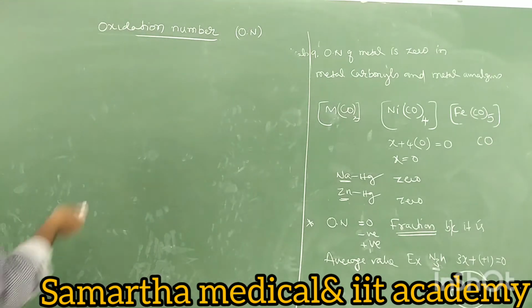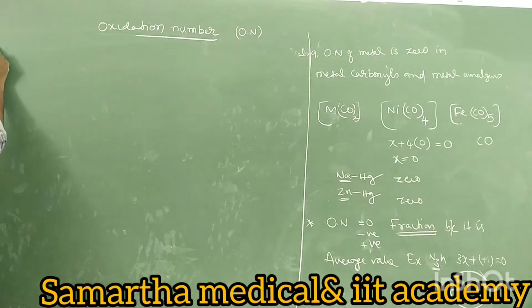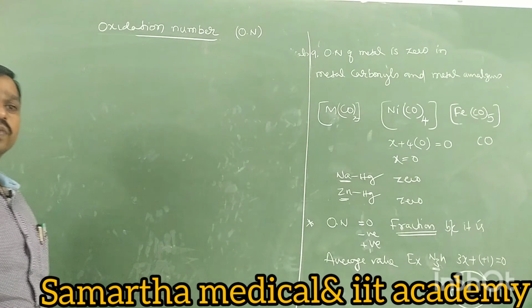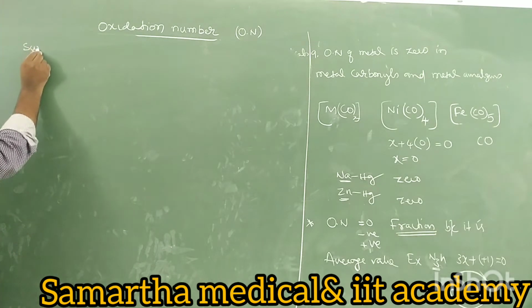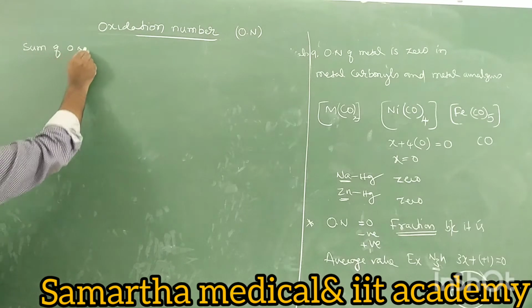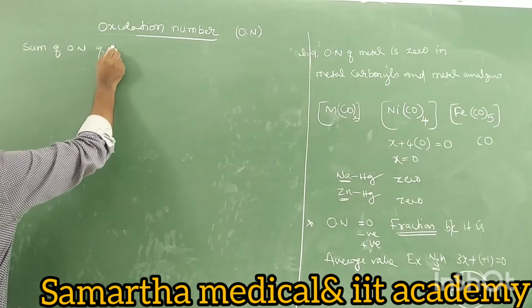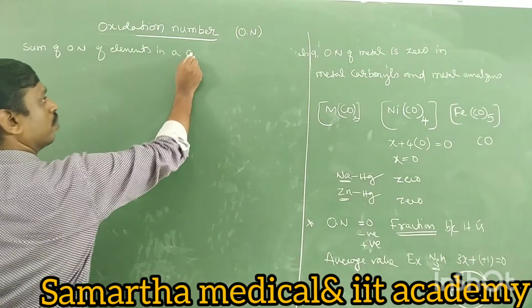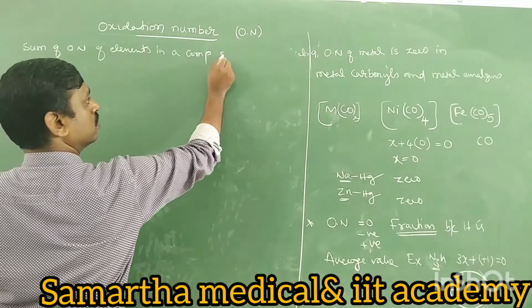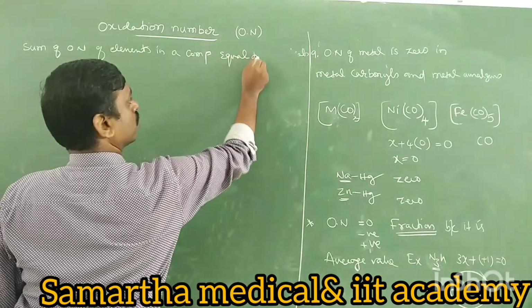Next, tell me, the sum of the oxidation numbers of all the elements in a compound is always equal to 0. Right. Last point, the sum of the oxidation numbers of elements in a compound equals 0.